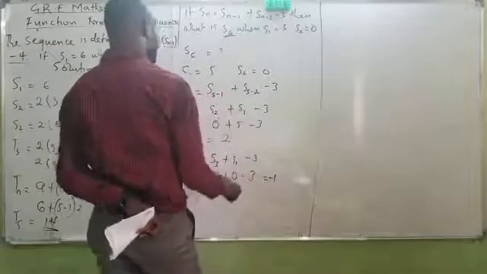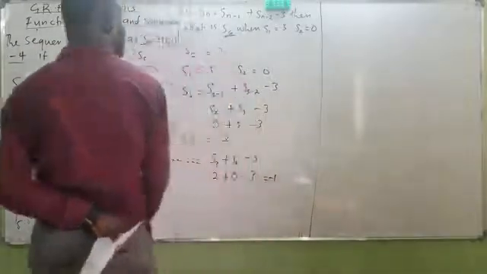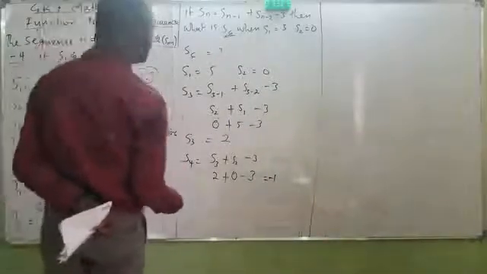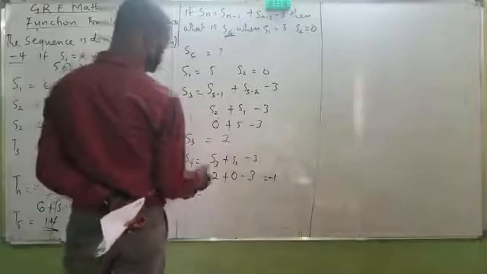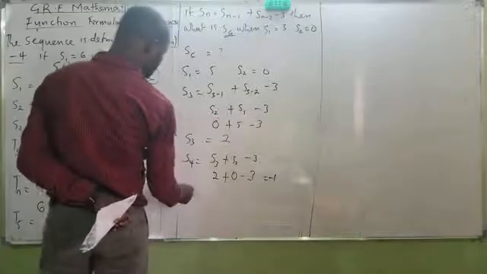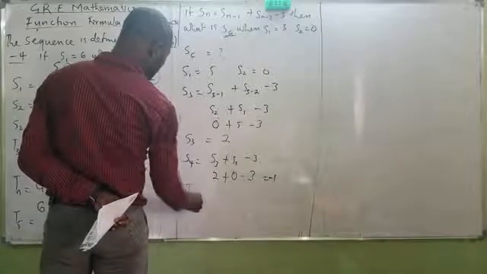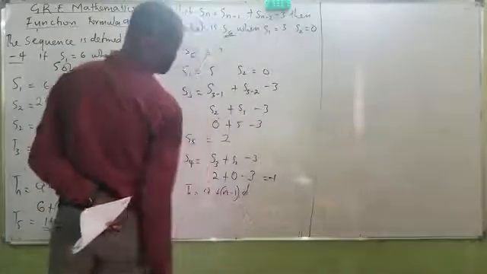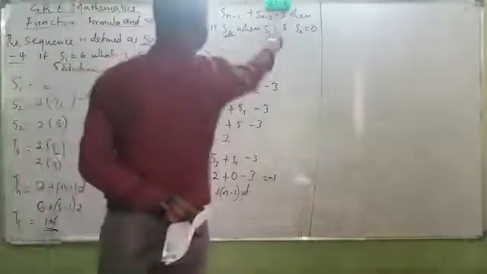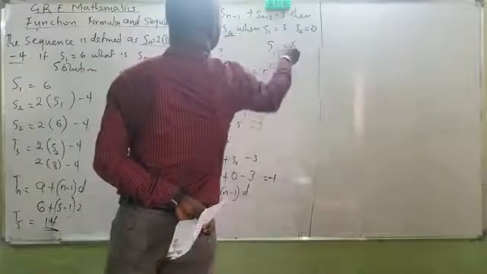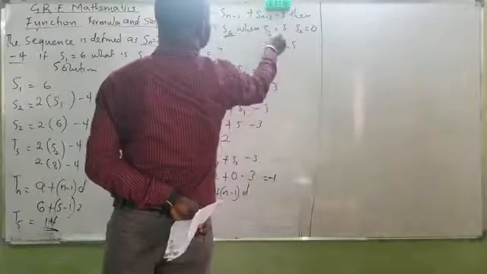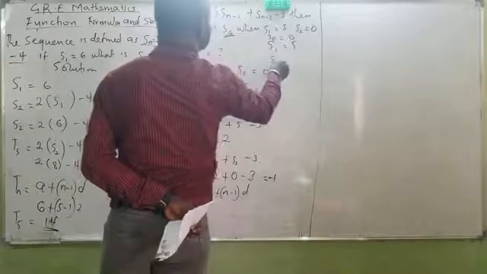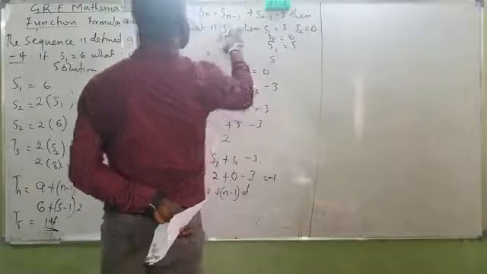It means my S4 is minus 1. Now, can I generate what I need to generate here? Is it possible? Okay. Let me move on to the next one. T of n equals a plus n minus 1 bracket of d. We have first term S1, we have S2.